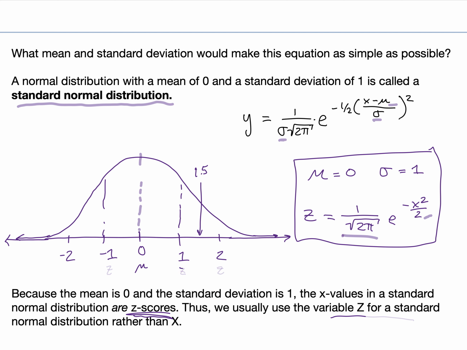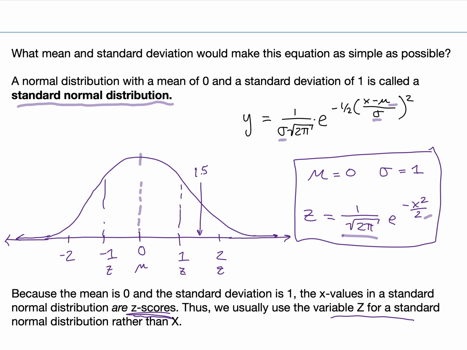So z equals 1 is 1 standard deviation above the mean, z equals 2 is 2 standard deviations above the mean, z equals -1 is 1 standard deviation below the mean, and so on. Recall that a z-score is the number of standard deviations a data value lies above or below the mean. So a standard normal distribution is special because its data values are already z-scores. Because of that, we usually use the variable z for a standard normal distribution rather than the variable x.